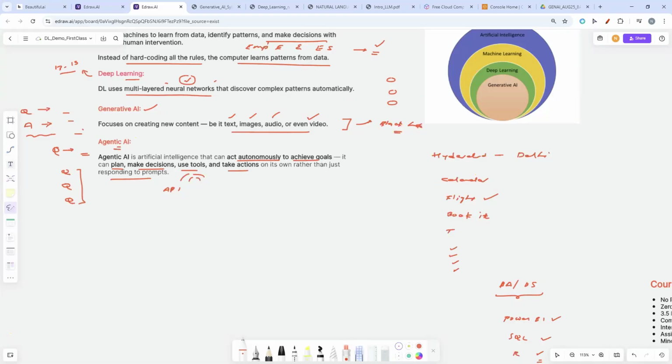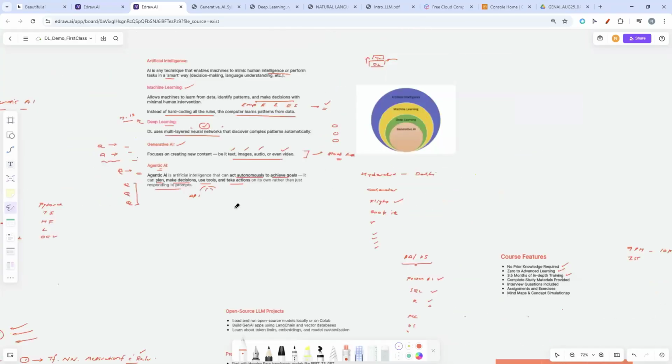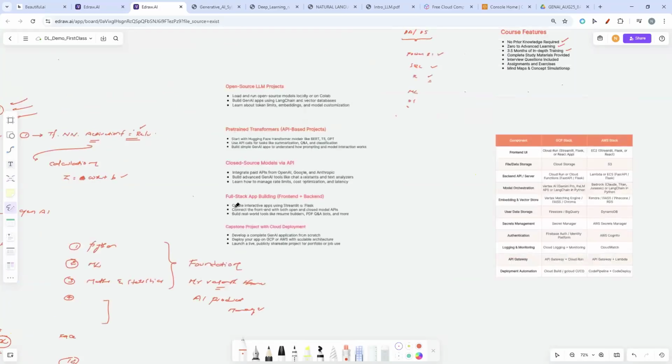It will take care of the entire requirement, and it will use whatever tools are required independently. You need not ask it to select a particular tool and do the task, or follow up on those kinds of things. So the human intervention is much lesser with agentic AI. Generative AI keeps on asking questions and is basically for creating new content, and agentic AI is basically for autonomously doing the tasks.